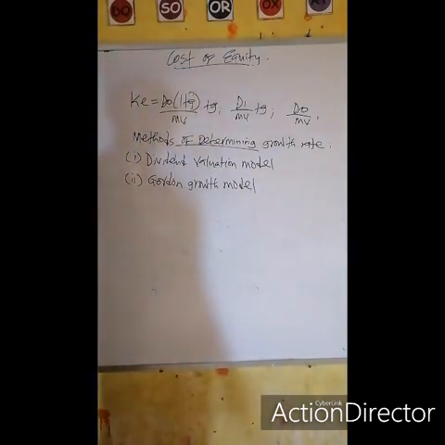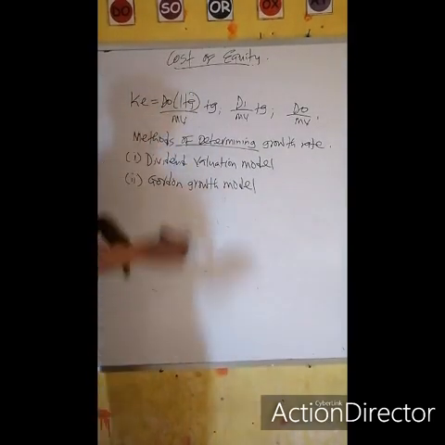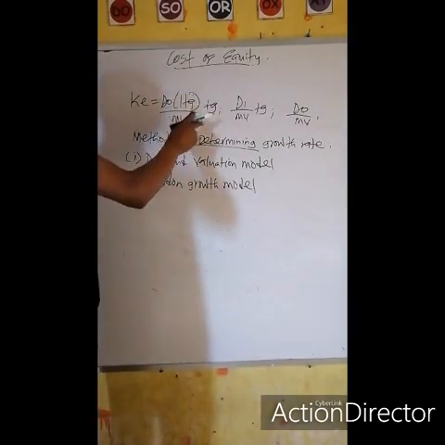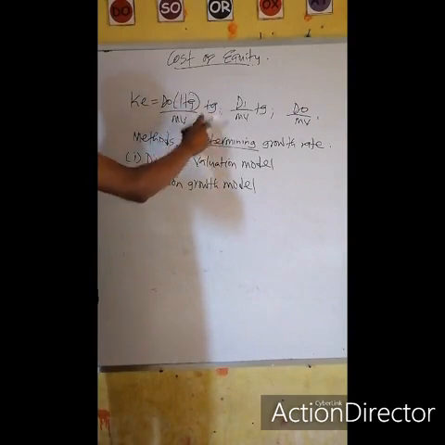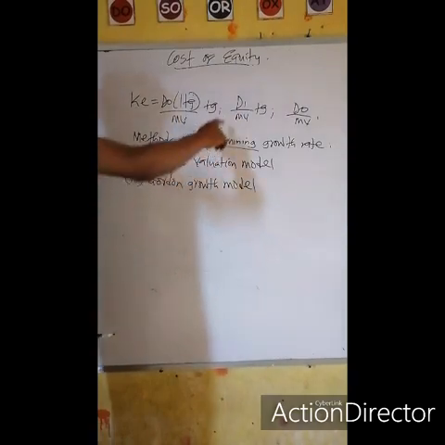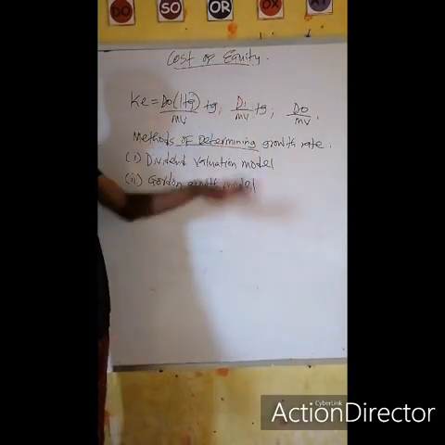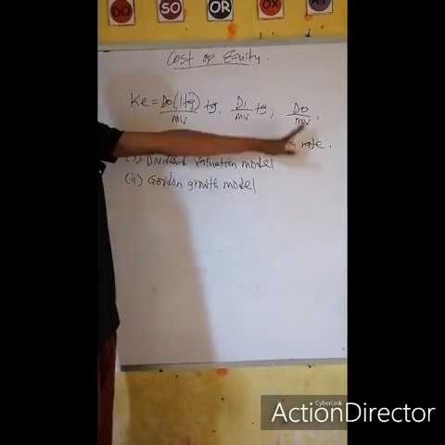In the last class we talked about cost of equity, where we gave different formulas for computation of cost of equity. The first one is D0 into (1 plus g) over the market value, plus g. Another method of calculating cost of equity is D1, dividend in year 1, over the market value, plus growth.